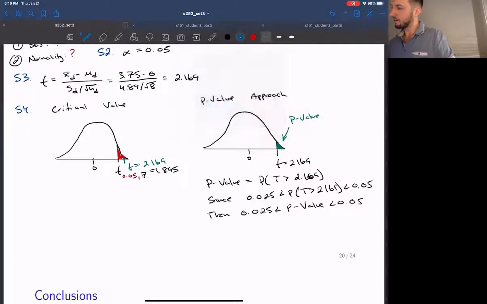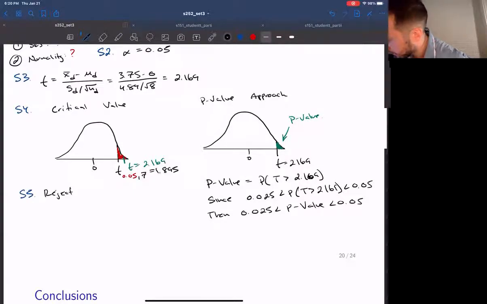Okay. So then on step 5, we can say reject H0.